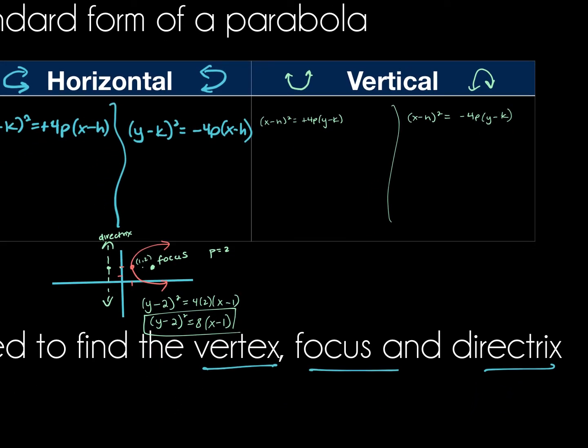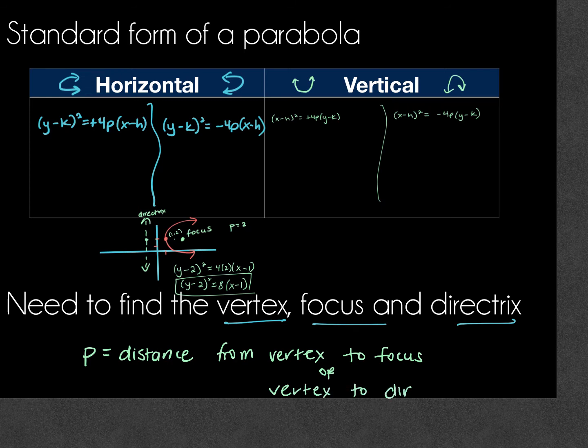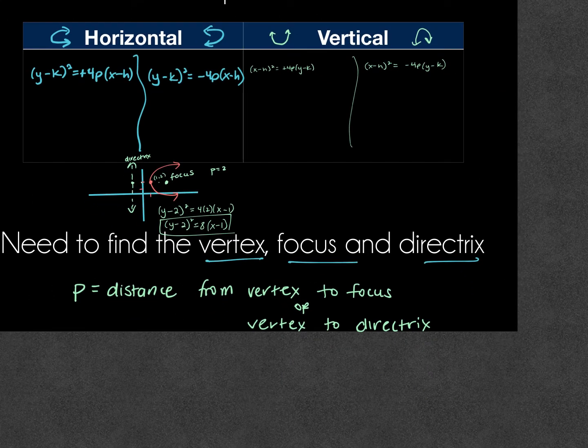The vertex is p distance away from the focus and the directrix. And remember that the vertex and the focus are both points, but the directrix is a line. So this is going to be an x equals or a y equals answer.